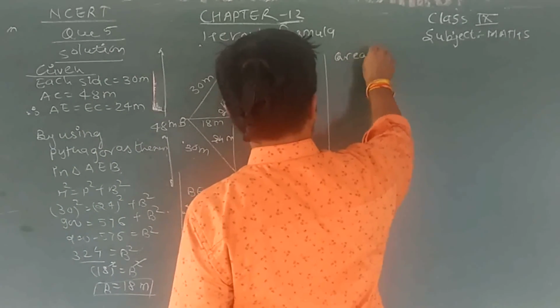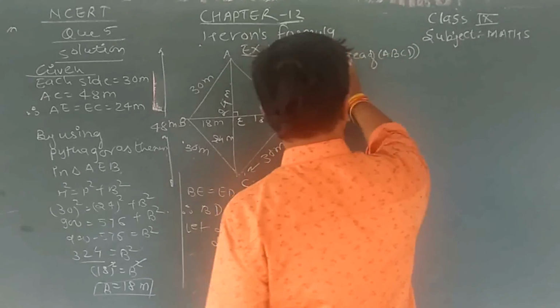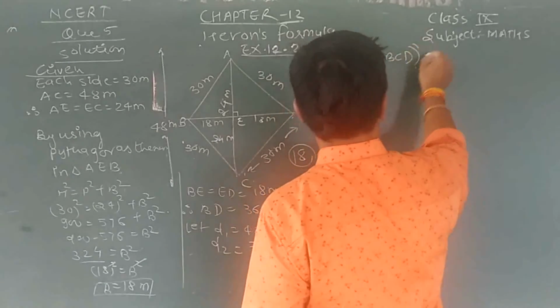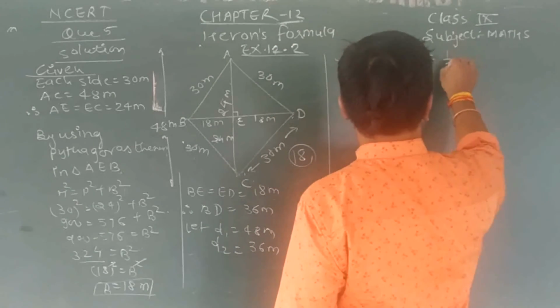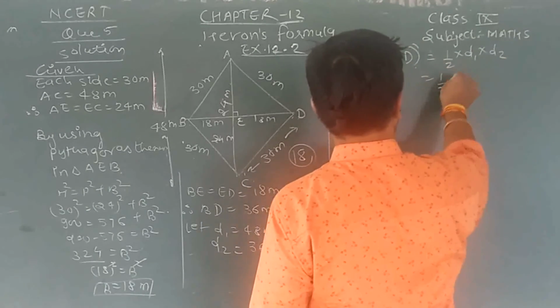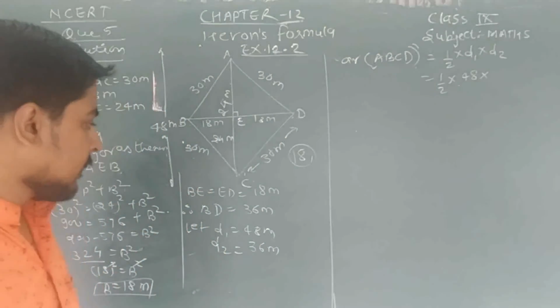Now we calculate the area of the rhombus. Area of ABCD is equal to 1 upon 2 into d1 into d2, that is 1 by 2 into 48 multiplied by 36.